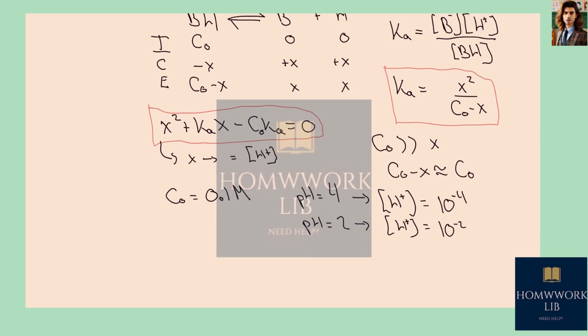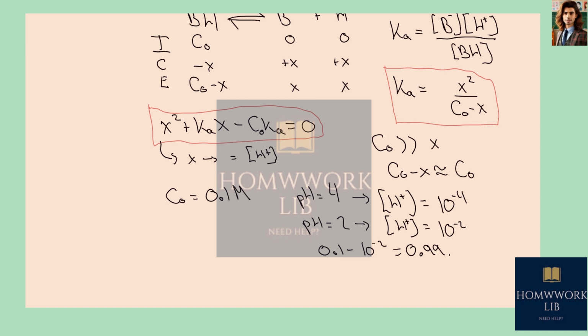So in that scenario, we would not be able to use that approximation, because if we have 0.1 minus 10 to the minus 2, the result would be 0.09. So we are starting to get closer into a region where the approximation is no longer valid.